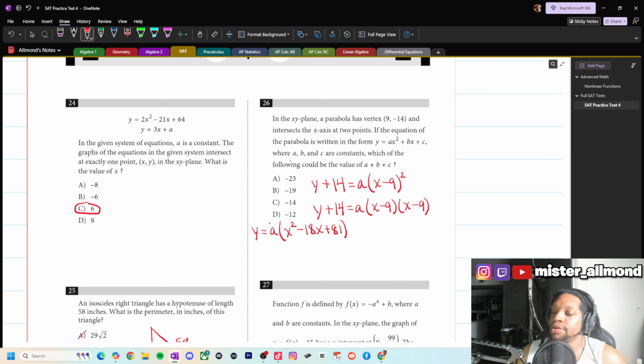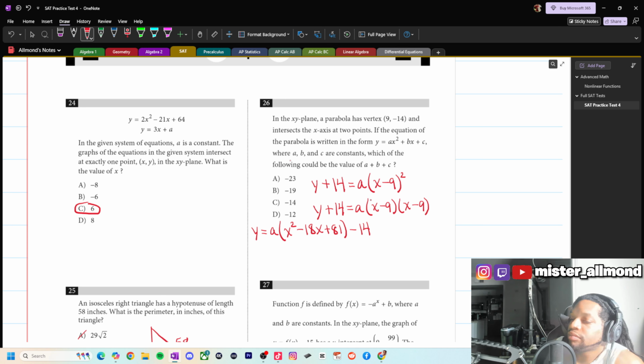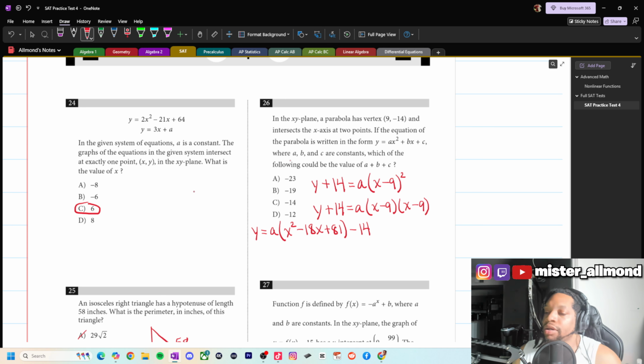All of that is being multiplied by A, and then I'm subtracting 14. This is getting kind of interesting. So I got y equals ax squared minus 18ax plus 81a minus 14.